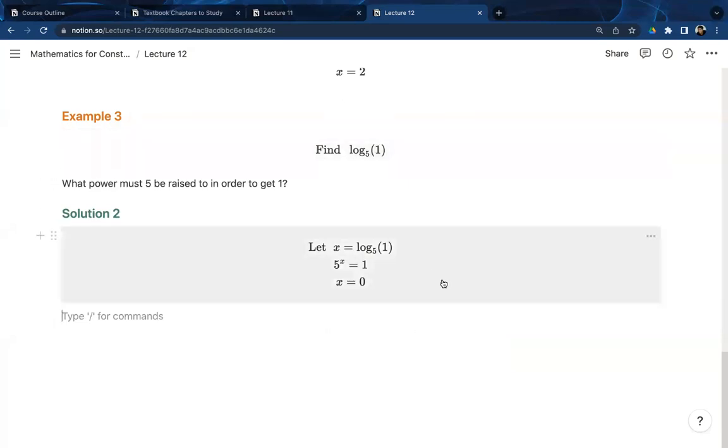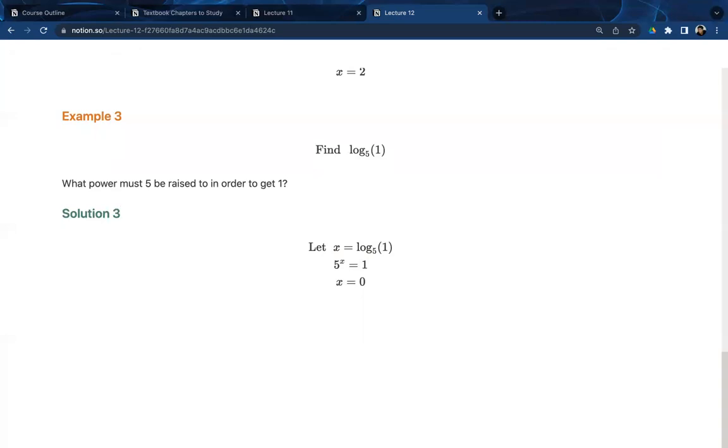Log 5 of 1. Would the answer change if the base was 7? Does the base matter here, if you ask what is the logarithm of 1? Base doesn't matter, right? For any non-zero base, the logarithm of 1 is always 0.